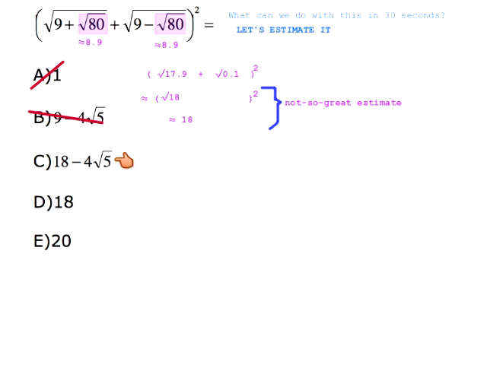What's the best way to estimate how big 4 rad 5 is? You can probably tell this is a lot less than 18, so you might not even have to. Yeah, rad 4 instead of rad 5 is going to have a lot of error.